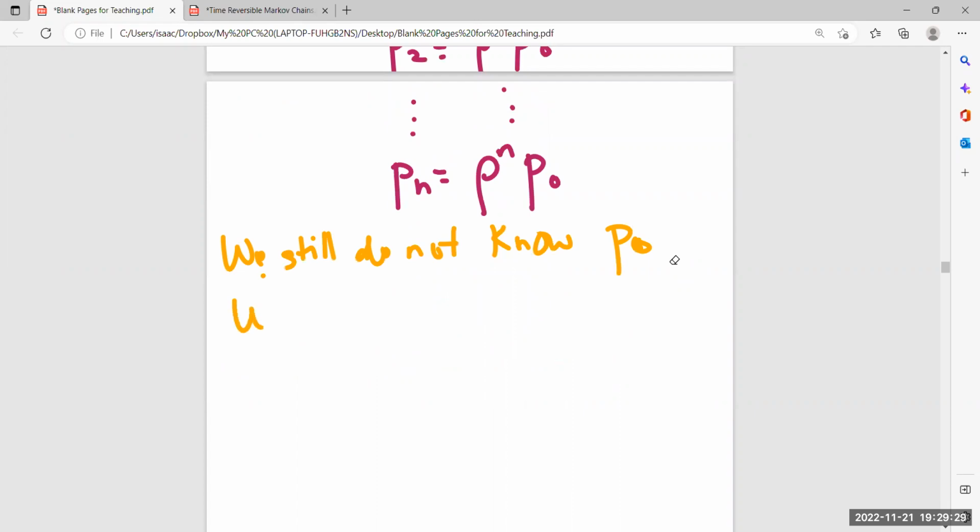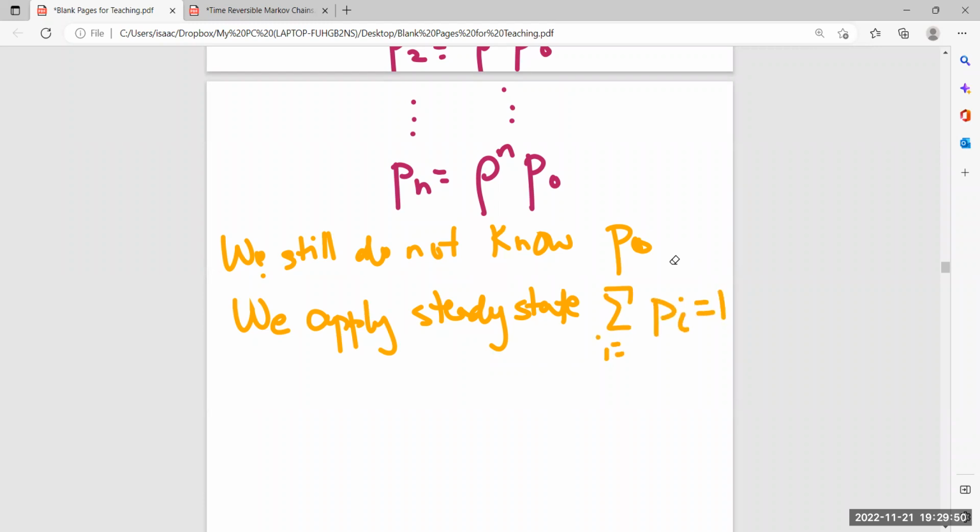So we apply the steady state criteria where we have the sum of the Pi's equal to 1 from i equal to 0 to infinity. Right?